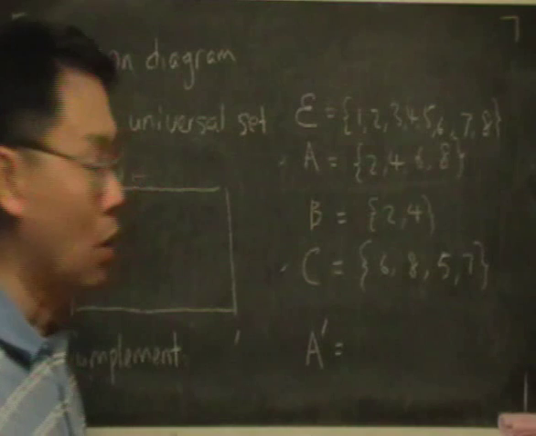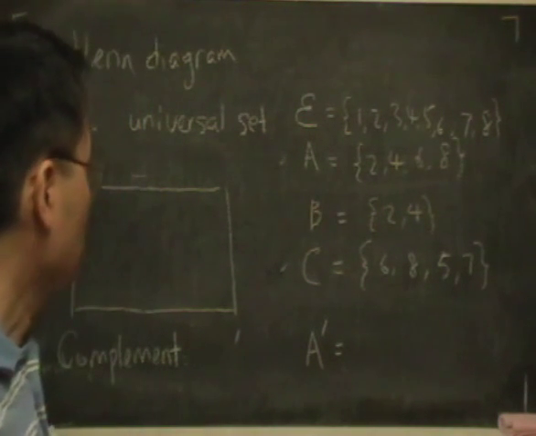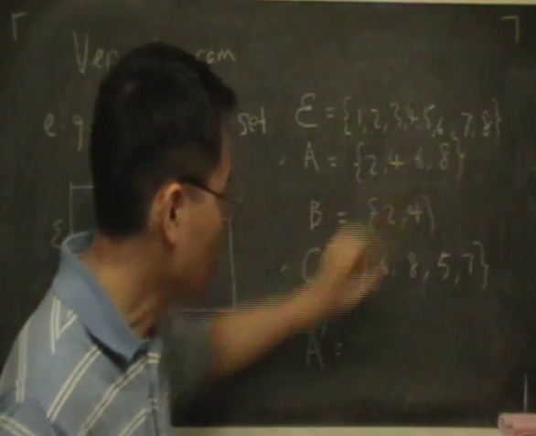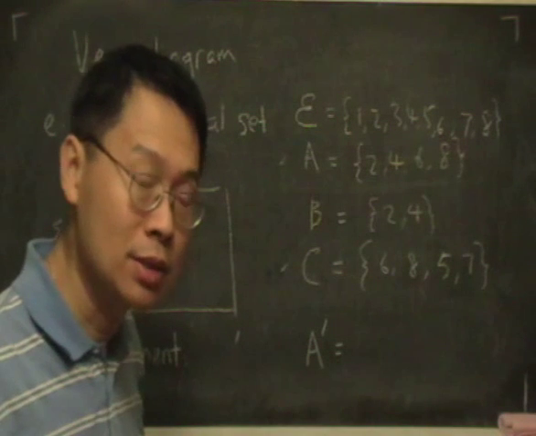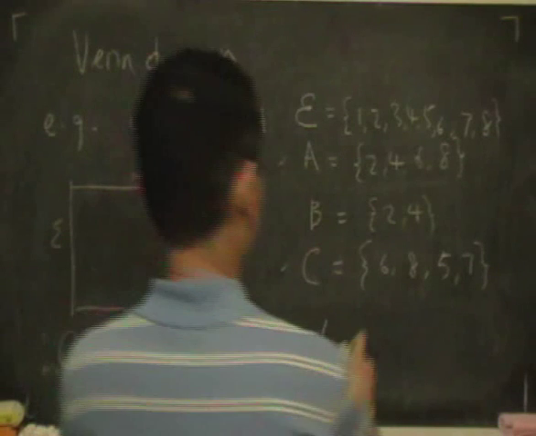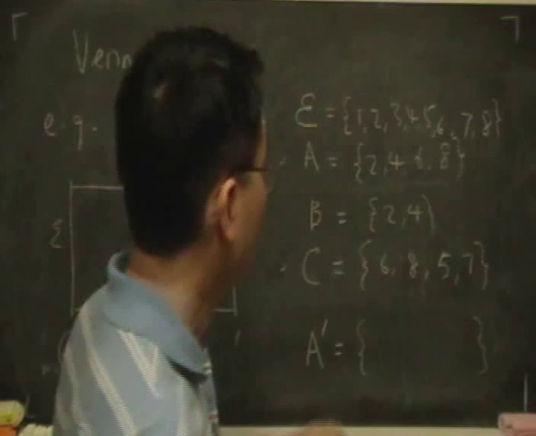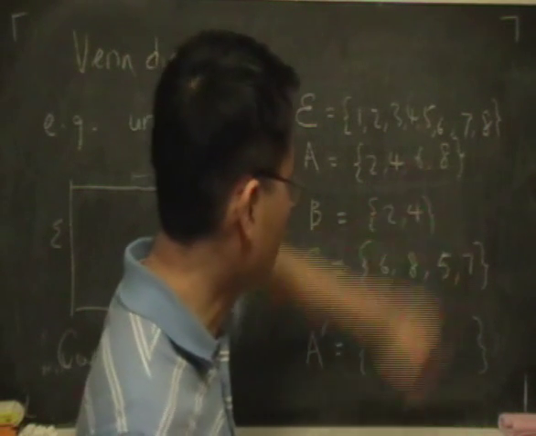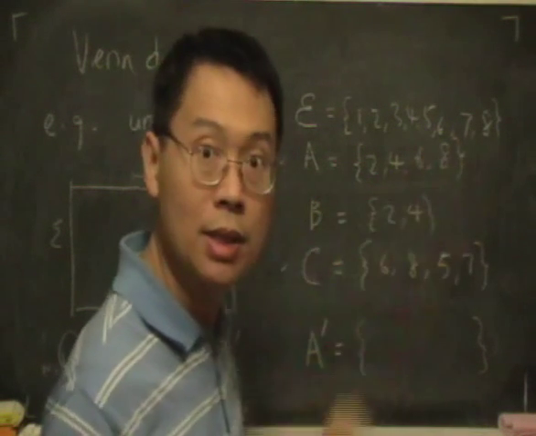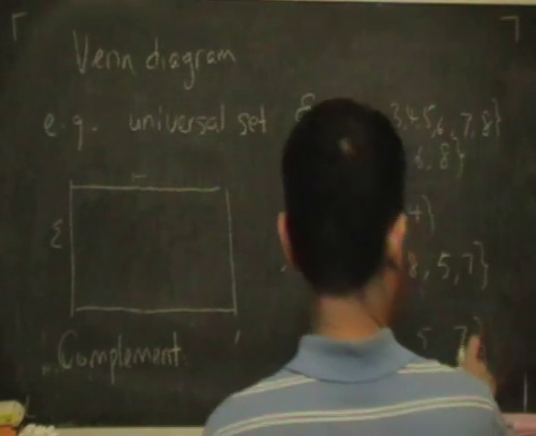It means all the elements that are not in A. So A contains these elements, A apostrophe contains the rest that are still in the universal set. So this would not be 2, 4, 6 and 8, so it would be 1, 3, 5 and 7.